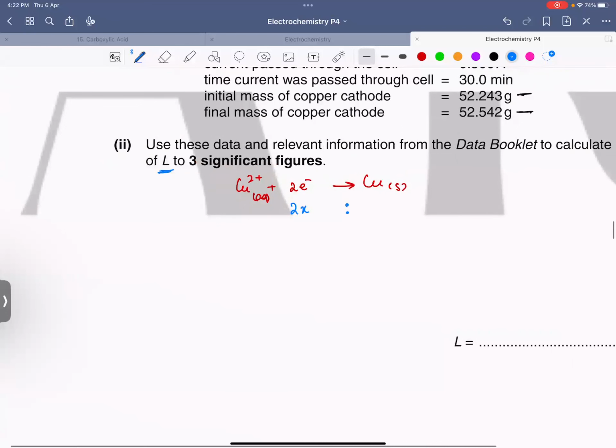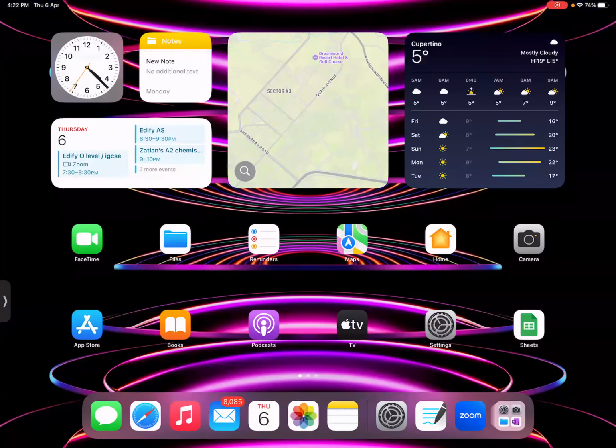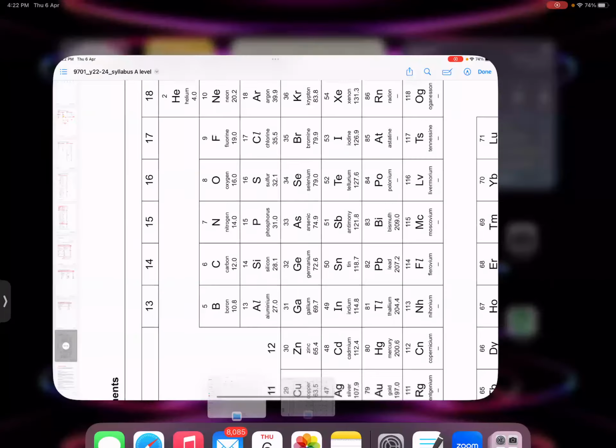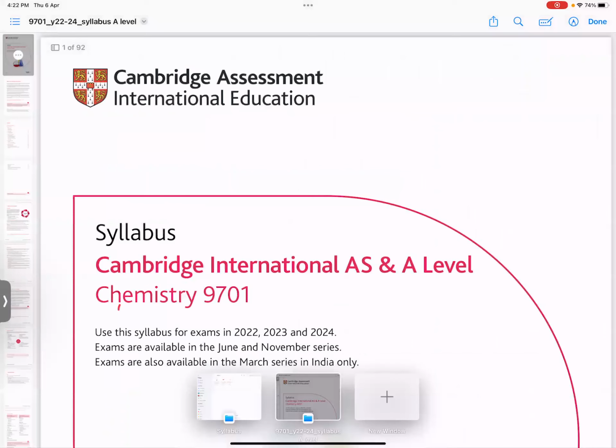I'm going to use the mass of the copper, because I know the mass of the copper that is getting changed. So for this much charge, the mass of copper deposited would be, A level.